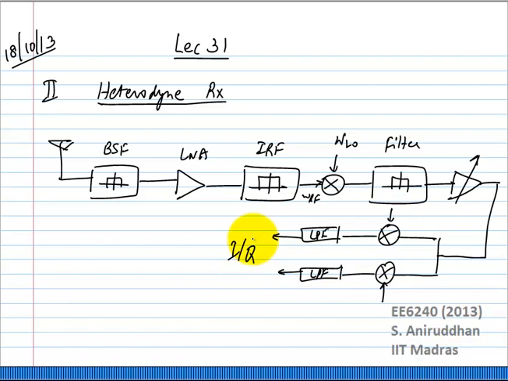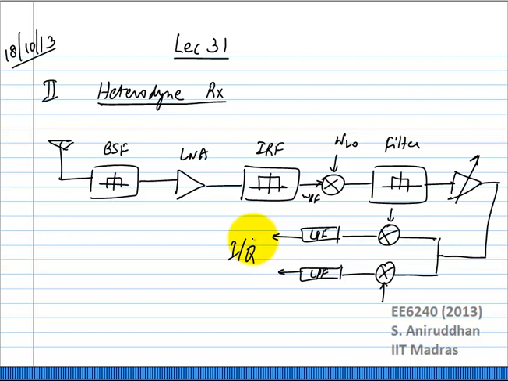Obviously the first thing you see is that there are a lot of components. First of all, gain is not a problem with this heterodyne system, because you have some RF gain, you have some IF gain, and you can have some baseband gain if you want. So the gain is very well distributed.